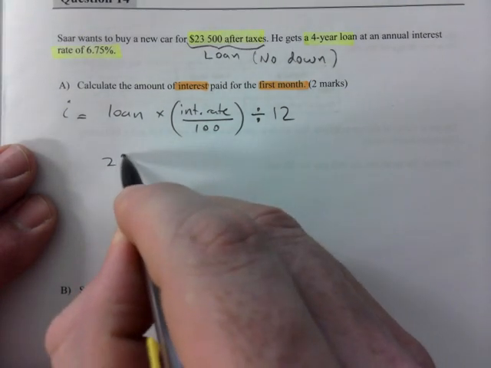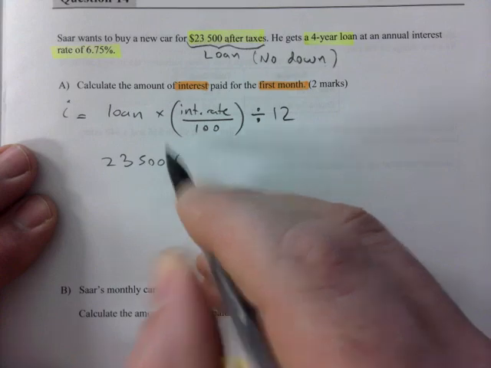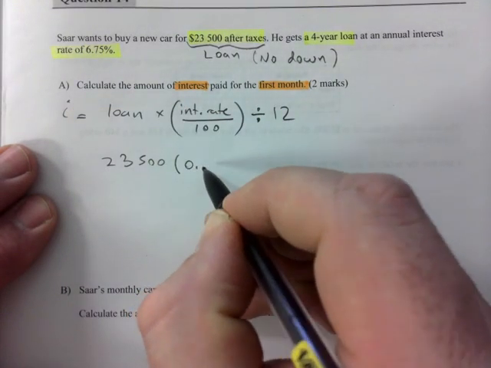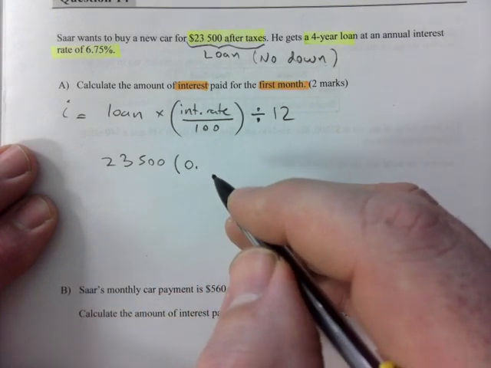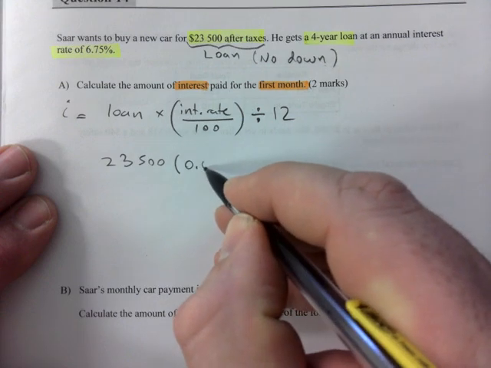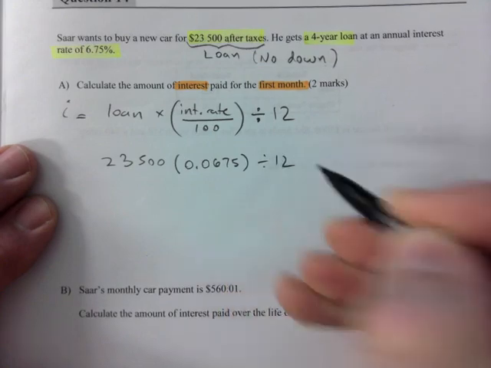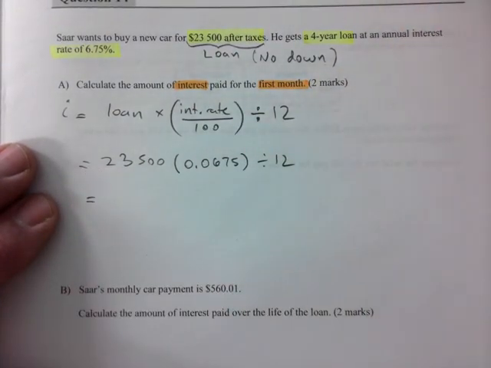So we go 23,500, and here you have to be careful. I will divide that by 100 already. That's 0.675. Stop me. Not. It's 0.0675. It makes a big difference. So just make sure you use your calculator the day of. Okay.